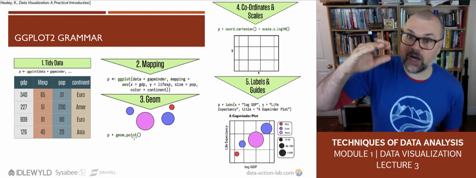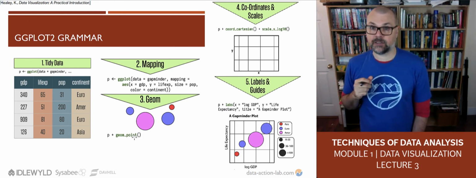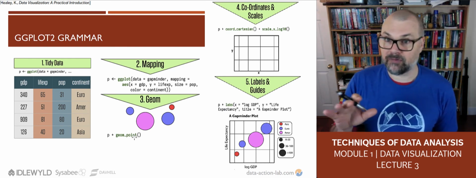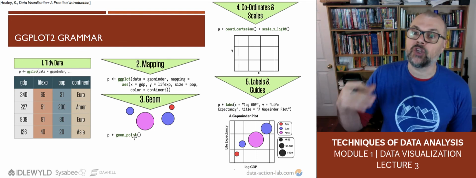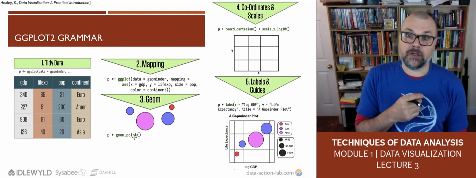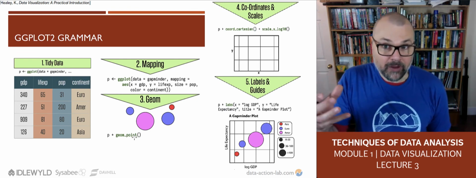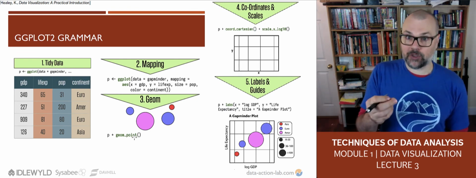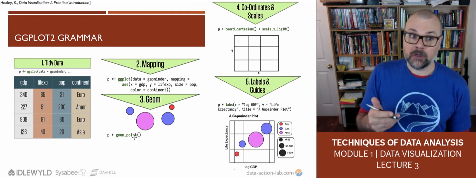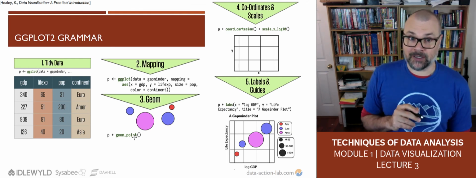I think the last time I checked there were 30 some of them. We keep on adding new geometries to the list. But in order to see something, you need to choose a geometry. You need to choose a chart type in which to feed the data and the aesthetic mapping.